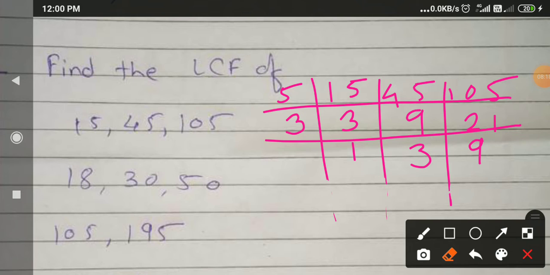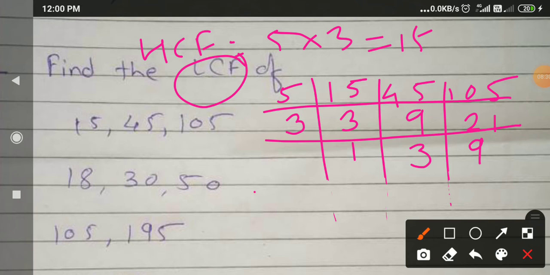If the question comes, what is the HCF of these numbers? So how will you write the HCF? HCF is equal to 5 into 3, which is equal to 15. But here what are they asking? LCM. So LCM is equal to, we have to take common factors and uncommon also.